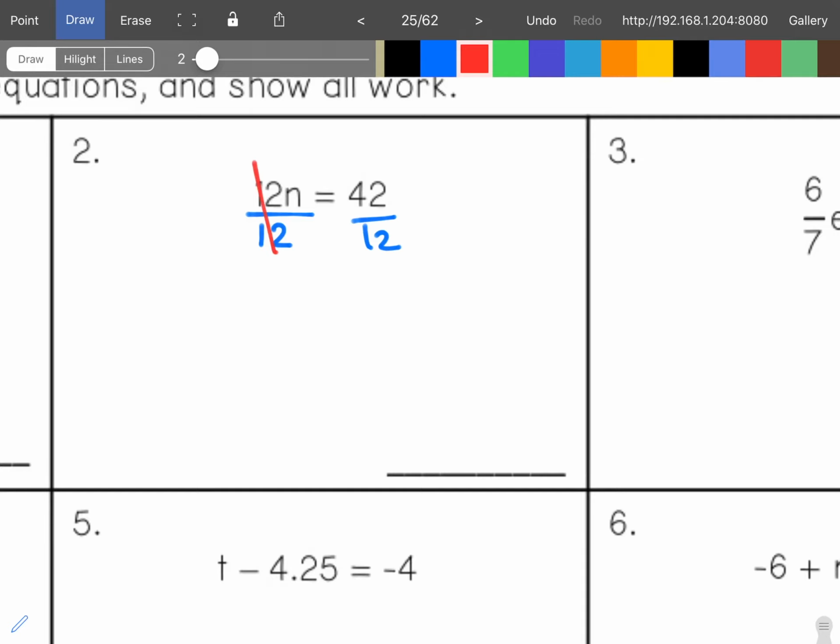Now we know that 12 divided by 12 is 1. So we are left with 1n, which is really just n, equals, and then 42 divided by 12, grab your calculator, is 3.5. And so that answer can go right there.